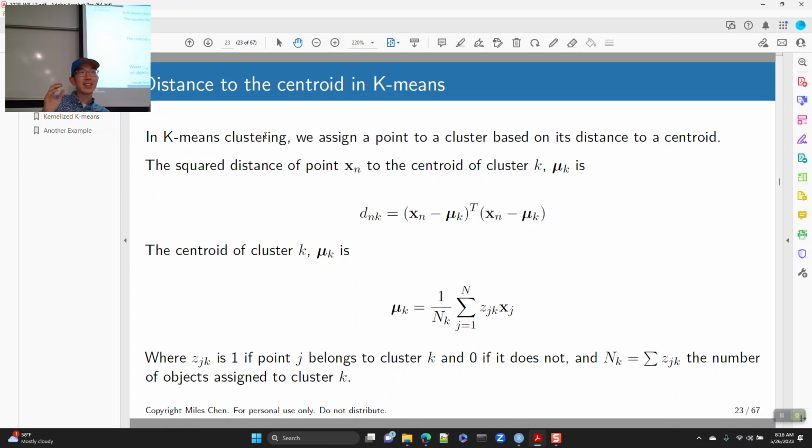Calculate centroids, calculate distances to centroids, reassign points based on the distances, right? And so we said, okay, to calculate the distances to the centroids, we got to know where the centroids are. When we use this kernelized version, we're not going to actually bother calculating the centroids. We're going to just calculate the distance to the centroids.